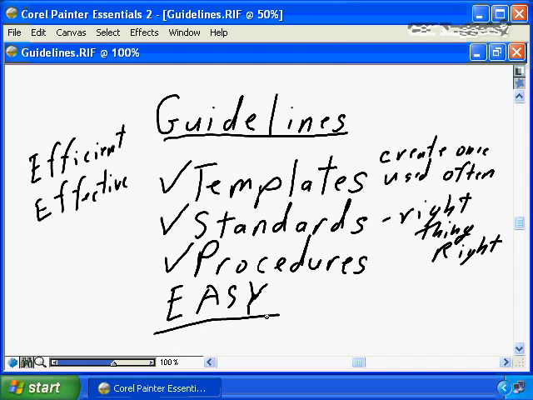You need to ensure that you have the templates, the standards, and the procedures in place to ensure that communications is easy, that the team members do not have to struggle to find out what they have to do, they do not have to struggle to find out how to do it, that the information they need is there, and it is as easy as possible for them to communicate, to distribute the information that they need to the entire project stakeholder community.